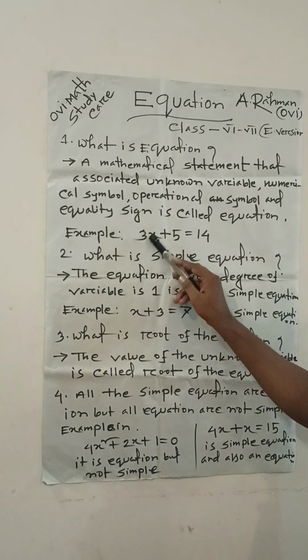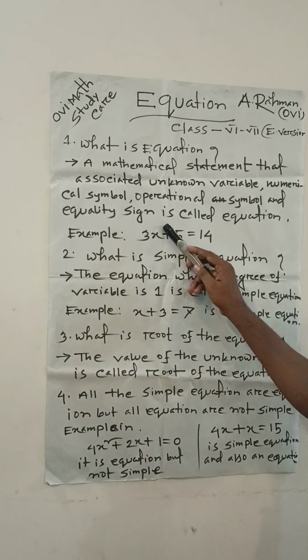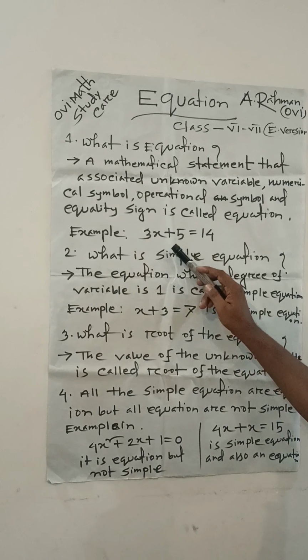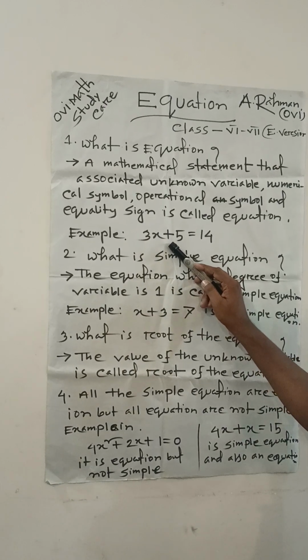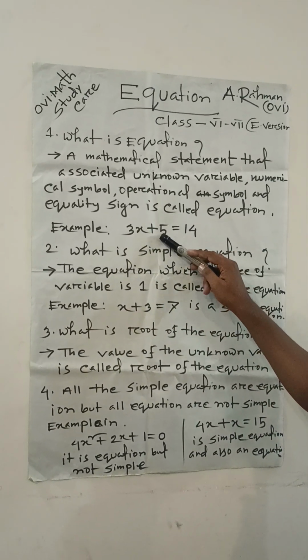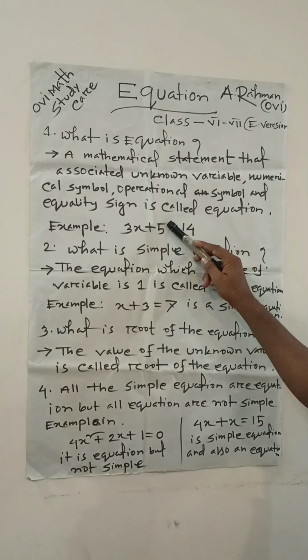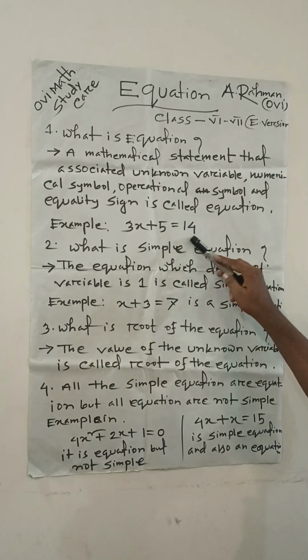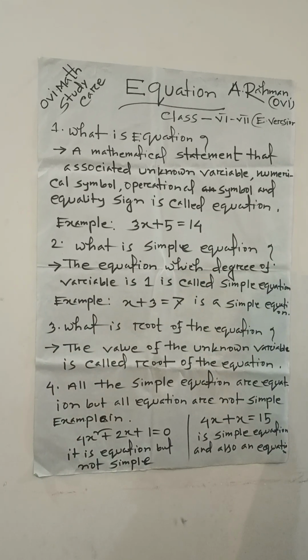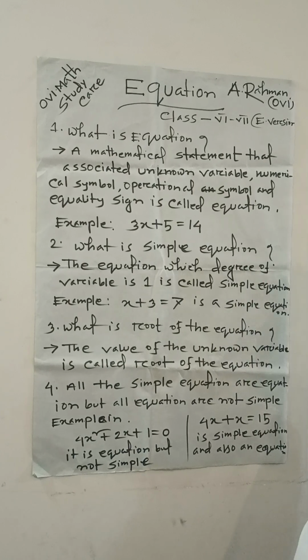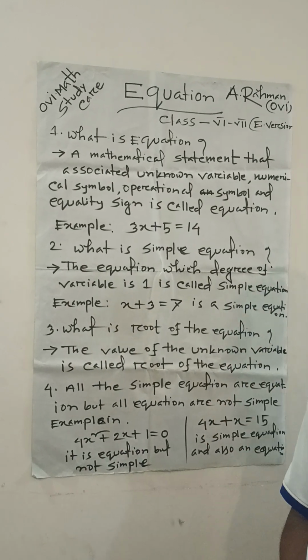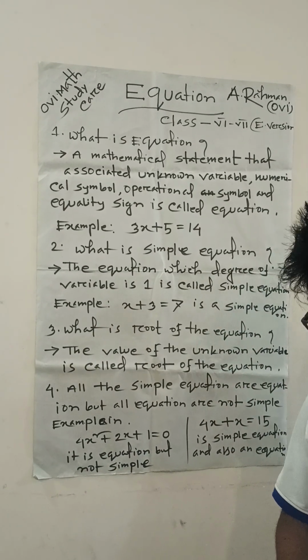Here 3 is a numerical symbol. X is unknown variable. Plus is operational symbol. 5 is also a numerical symbol. Equality sign. And 14 is another numerical symbol.